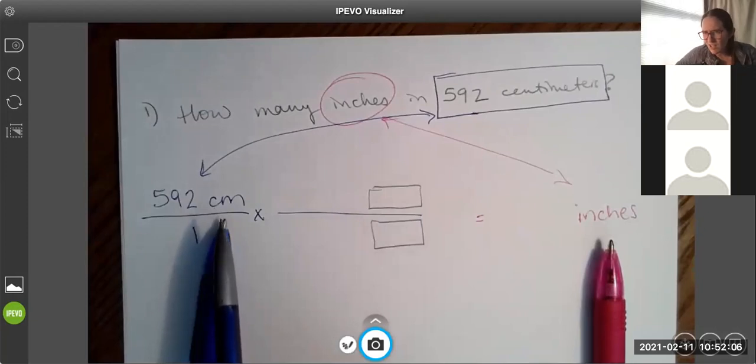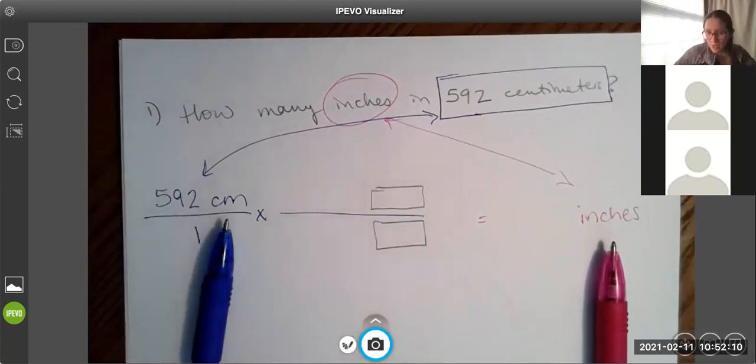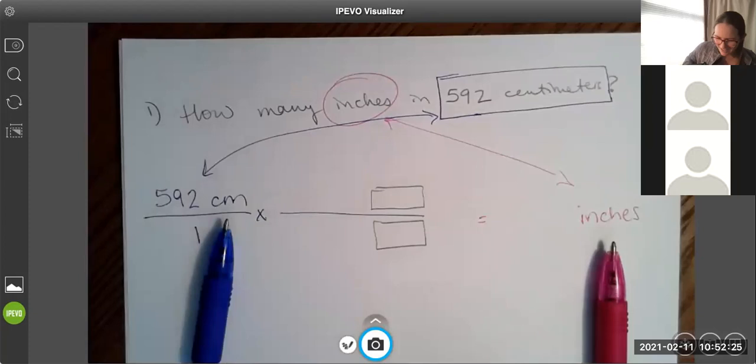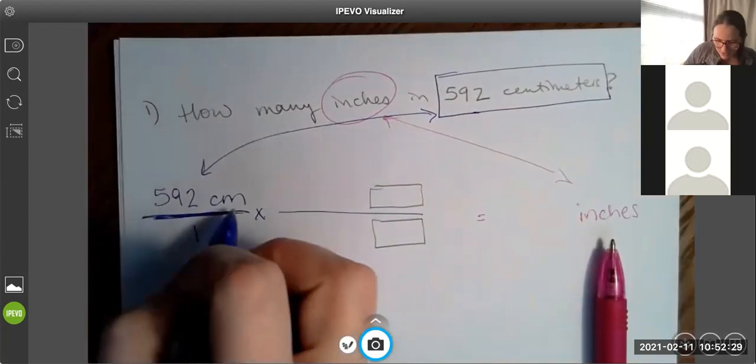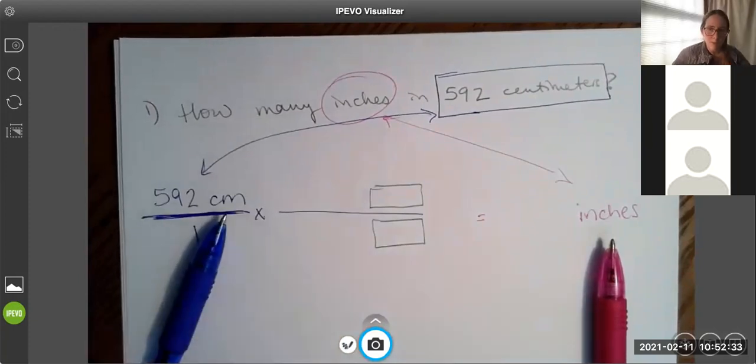No. And right now, is the centimeters on the top or the bottom of this fraction? If there's our fraction line, are the centimeters on the top or on the bottom of that?